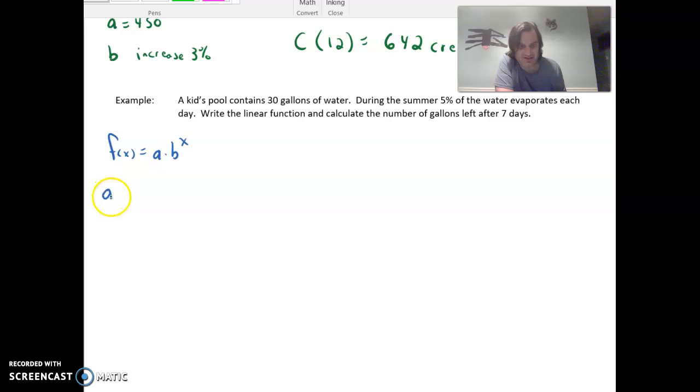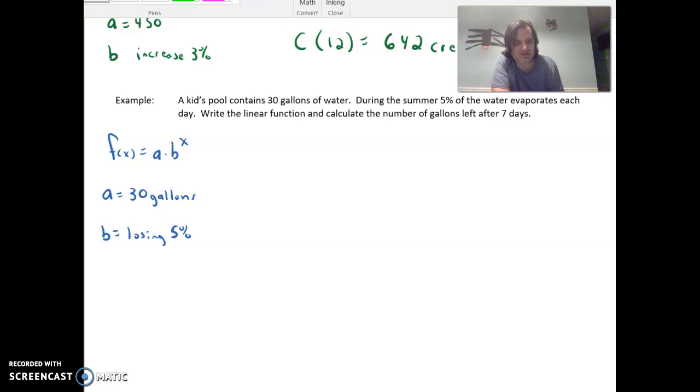We know that the starting amount is 30 gallons, and the change is losing 5%. That doesn't mean we're keeping 5% of the water, because then it would go away really quick. We're losing 5%.